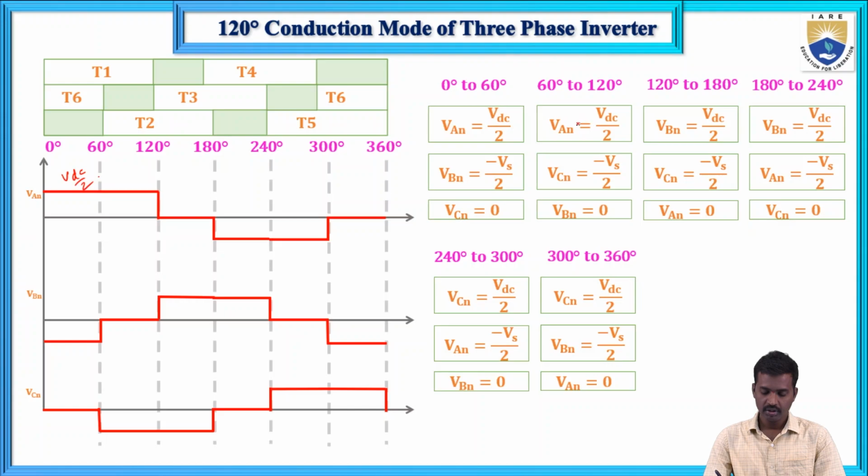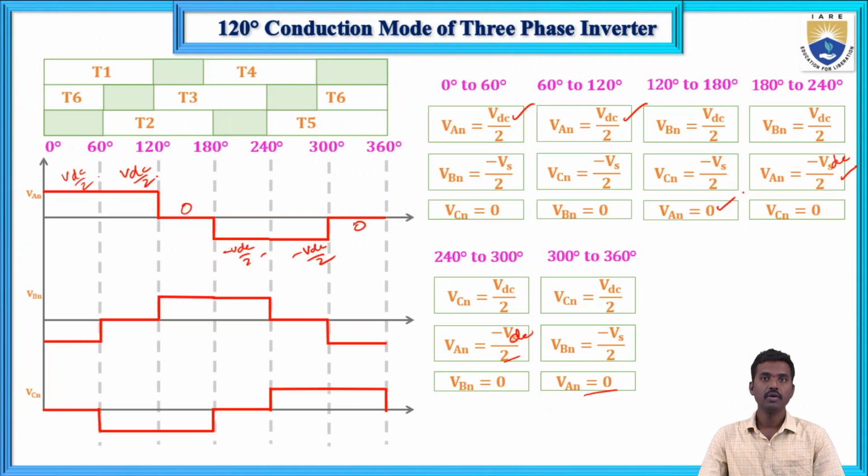And next, this one is VDC by 2. And next here, this value is 0. And next here, this is minus VDC by 2, minus VDC by 2. And next here, this is also minus VDC by 2. And this is 0. This plot is over.